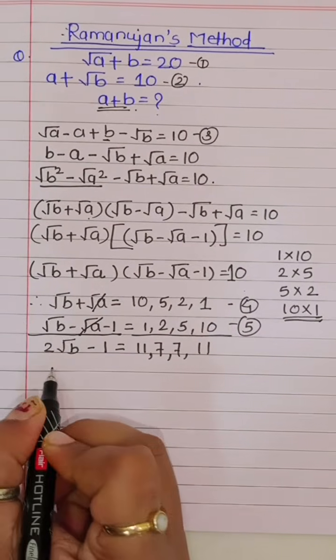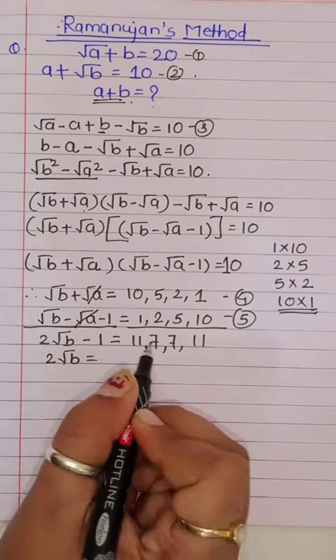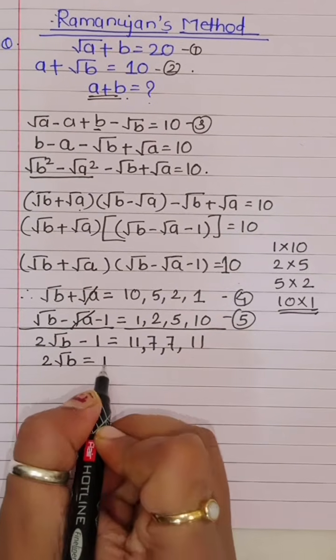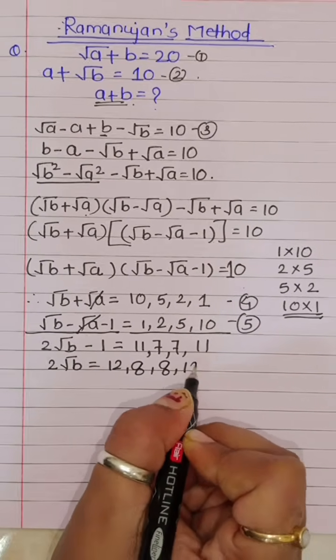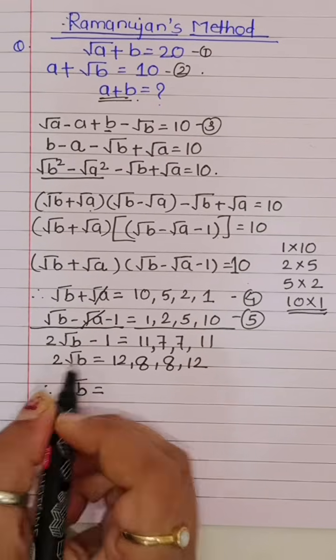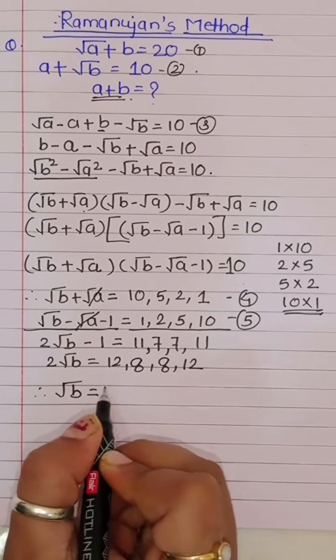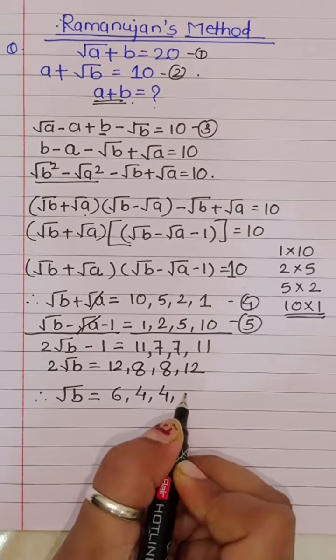Clear? Now 2 square root of b is equal to, this will go here, then 12, 8, 8 and 12. Clear? Now therefore square root of b is equal to, dividing all terms, 6, 4, 4 and 6.